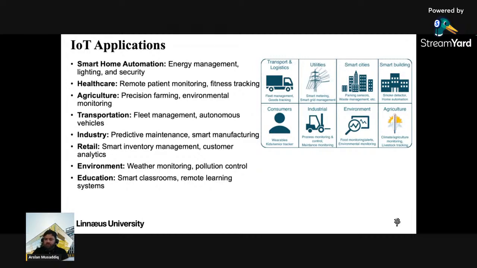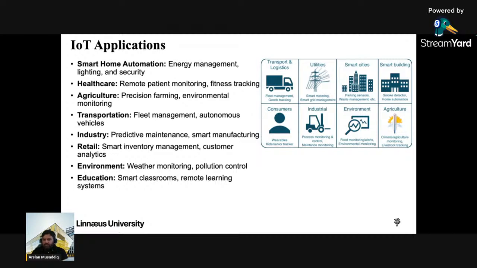Smart home automation, very common. IoT is playing a significant role in energy management, lighting, and security. Devices like smart thermostats, lighting systems, and security cameras can be controlled remotely. And now we have commercial devices available. You can just buy them, and they will be up and running.